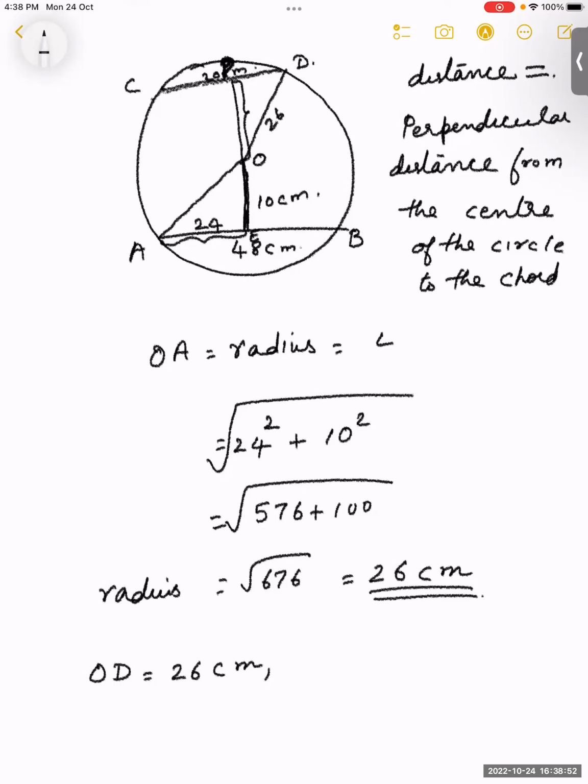Nalin and Martin, can you help me with what will be PD? CD is 20 centimeter. So what would be PD? I'm a little confused. What about others?